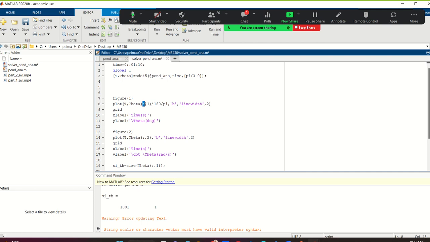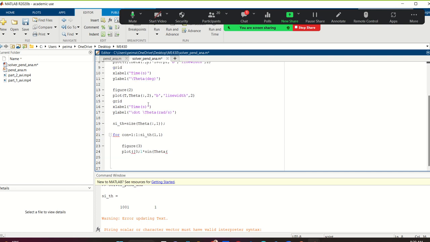But I need first row, first column, second row, first column, third row, first column for this for loop. So I'm going to say con inside the for loop, and the first column.